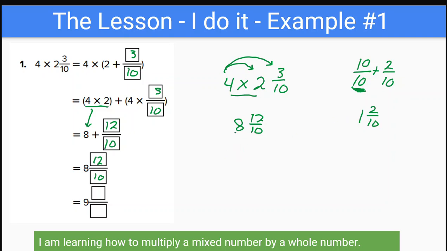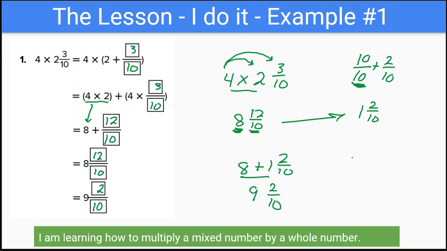So we have our 8 right here, plus 1 and 2/10. 8 plus 1, that's 9. And then don't forget about your fraction over here, 2/10. So the final answer is 9 and 2/10. Get it? Kids, you're learning how to multiply a mixed number by a whole number.